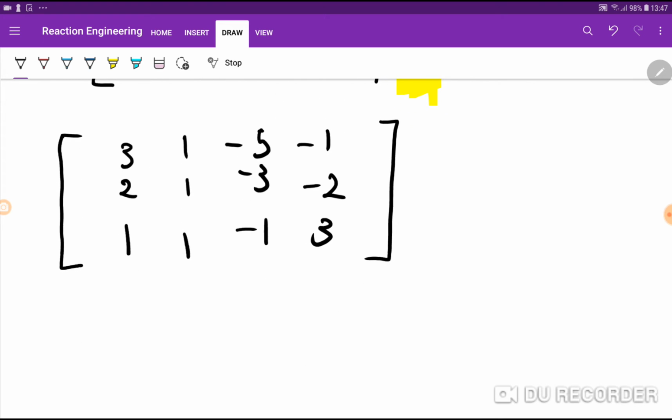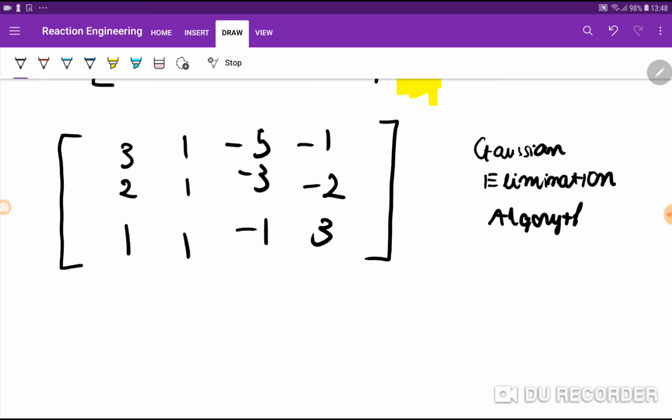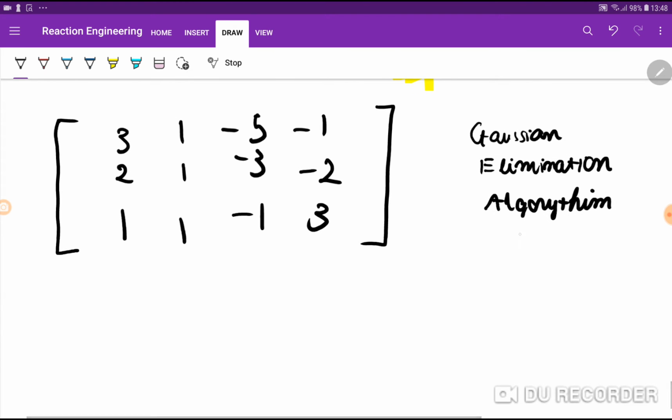Now we're gonna get into the algorithm. So I Googled Gaussian elimination algorithm, and I found two links.